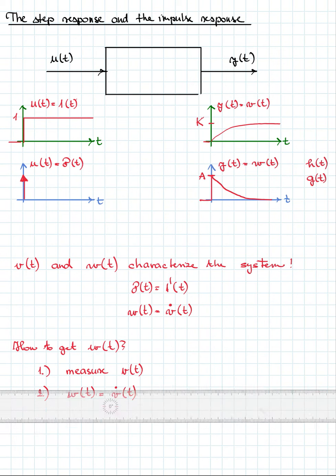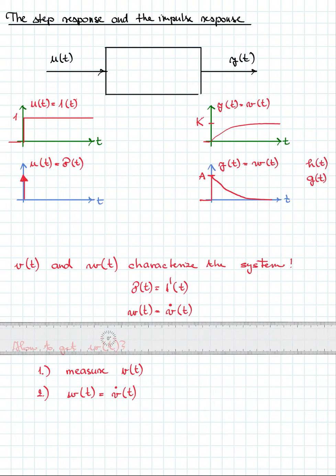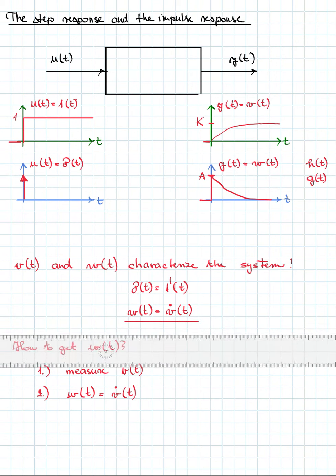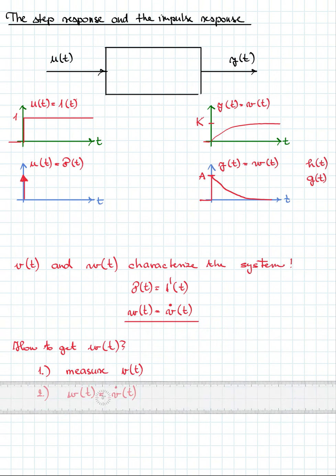According to this direct connection, that is w of t is equal to the time derivative of v of t, and the measurement of v of t is very simple because the step function generation is easy, so we can measure it.